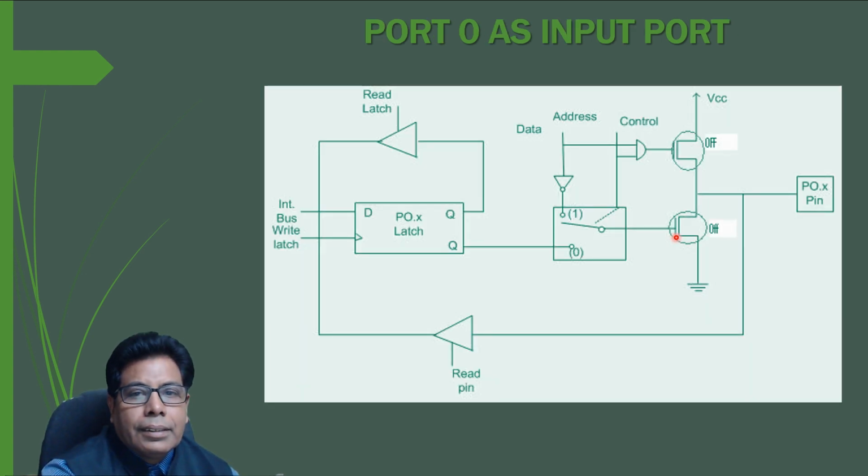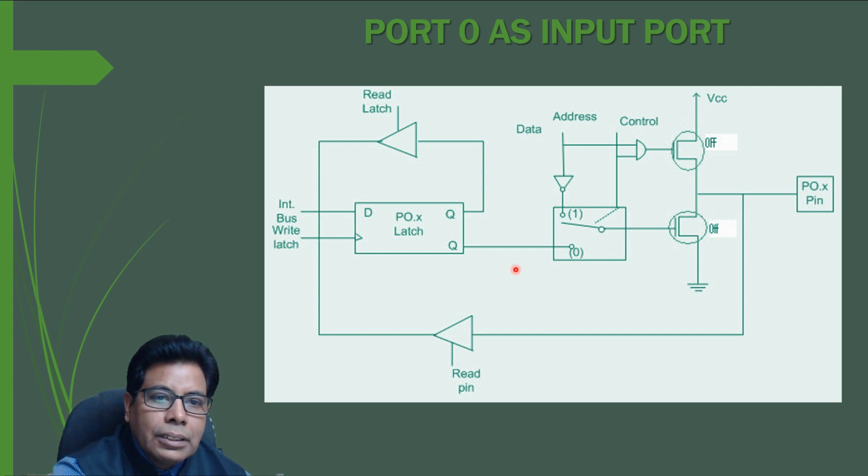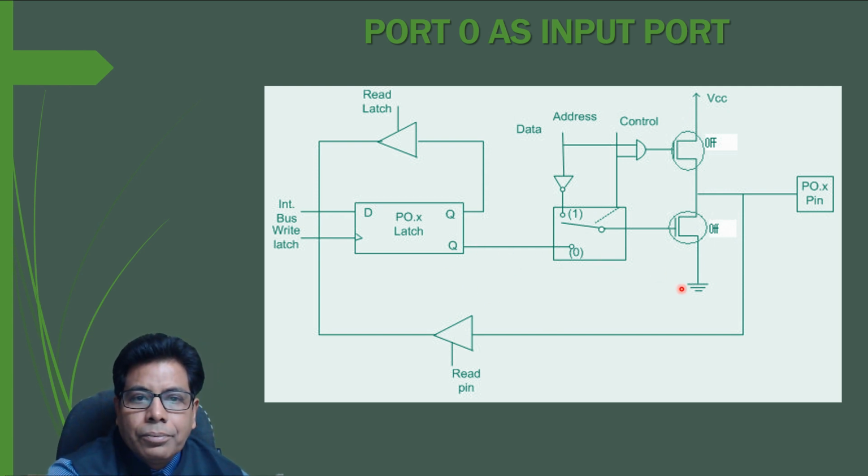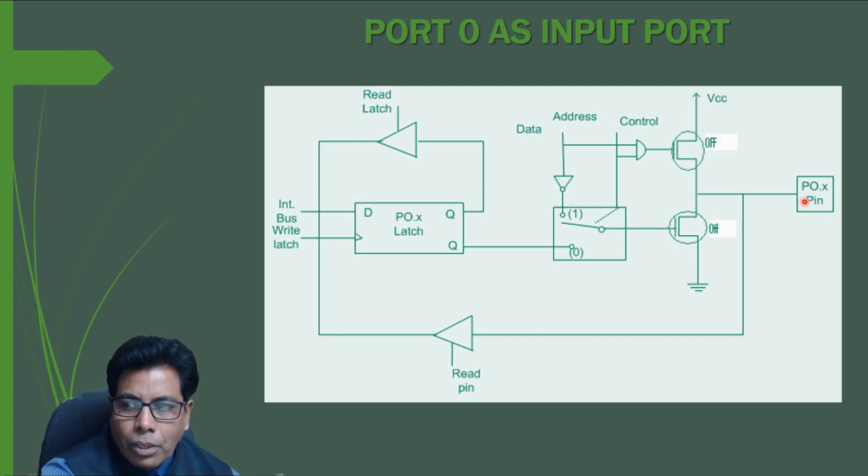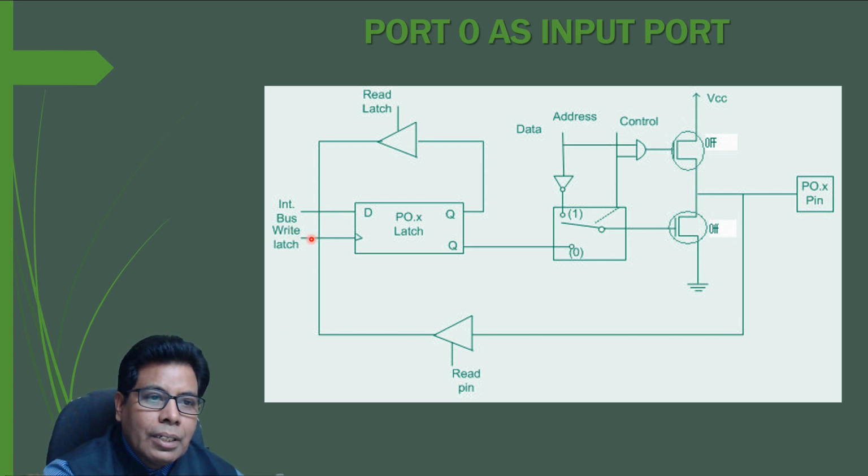Then let us see how port 0 can be used as an input port. Here again we have drawn the same diagram with the port 0 pins. Let us assume that control is 0. Now when the port is used as an input port, 1 is written to the latch.